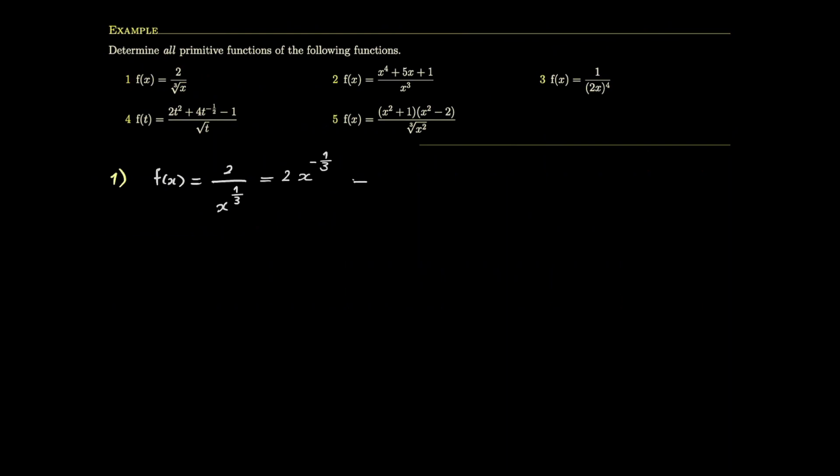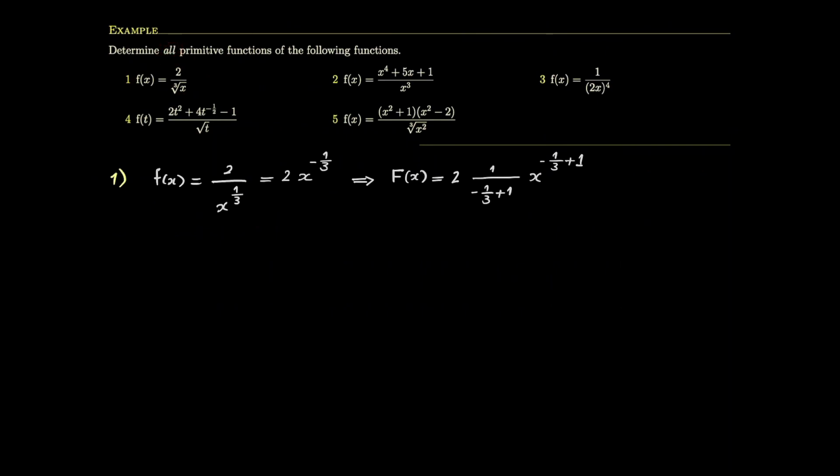And then immediately, I hope that you agree with me, I can calculate capital F of x using the formula that we had. So 2 is a multiplicative constant. I just write it there. And the answer is 1 over a, which is minus 1 over 3 in this case, 1 unit more, x to the power of minus 1 over 3 plus 1 unit more. And then look at the constant here.